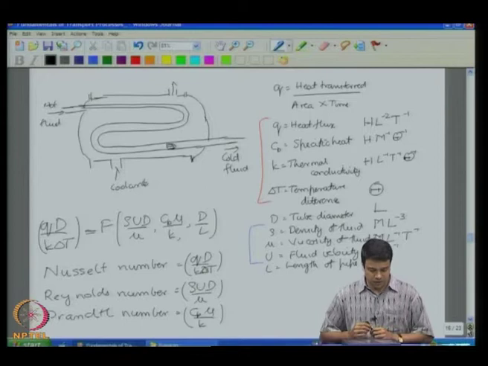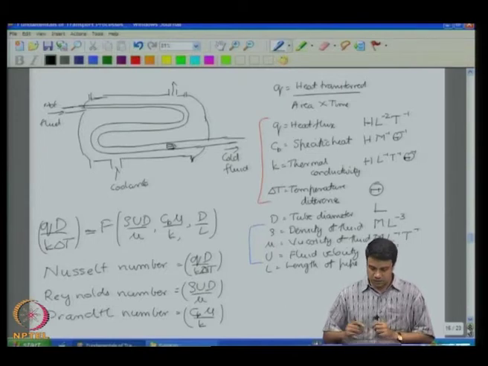And we got a relationship between four dimensionless groups. One was a non-dimensional flux for heat, then there was a Reynolds number, which was the ratio of inertia and viscosity, another dimensionless number involving the specific heat, the conductivity and the viscosity, and an aspect ratio, which was basically the ratio of length to diameter.